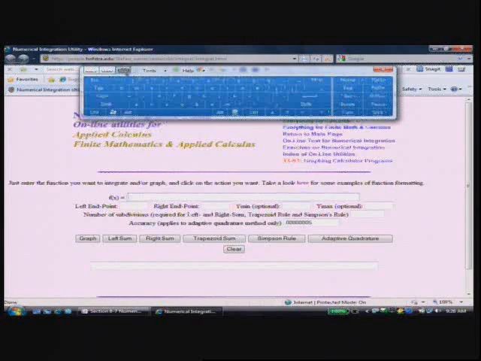So you're going to do x cubed plus x, and your left endpoint was 0 and your right endpoint was 2 and you wanted 4 subdivisions, right? And we'll try the trapezoid.